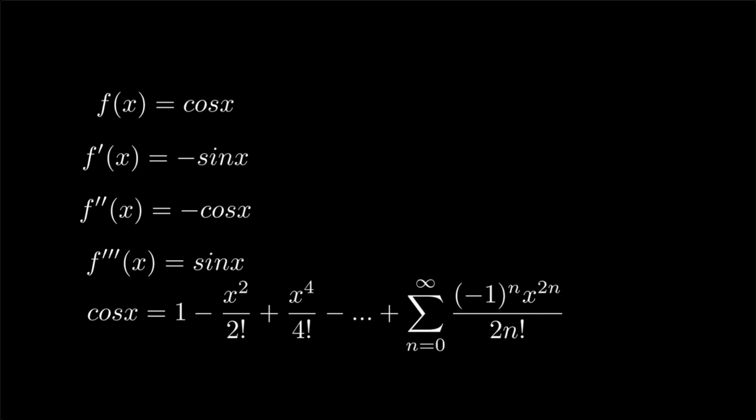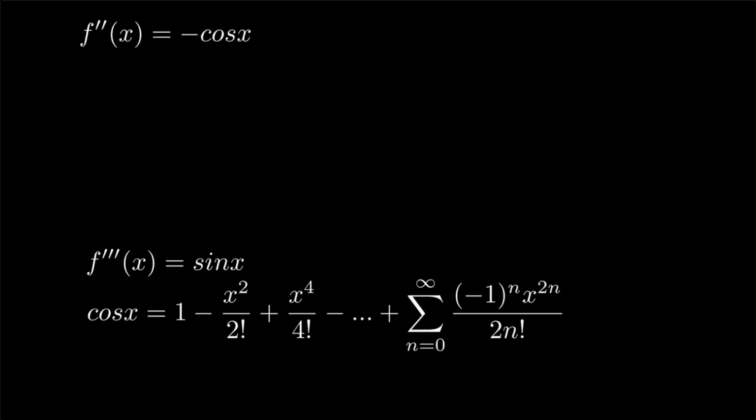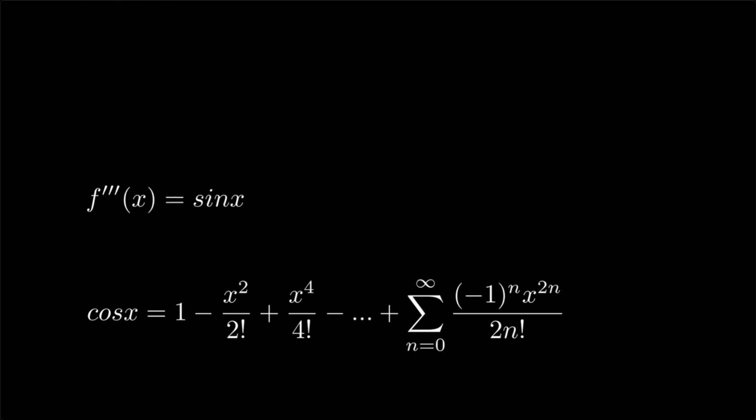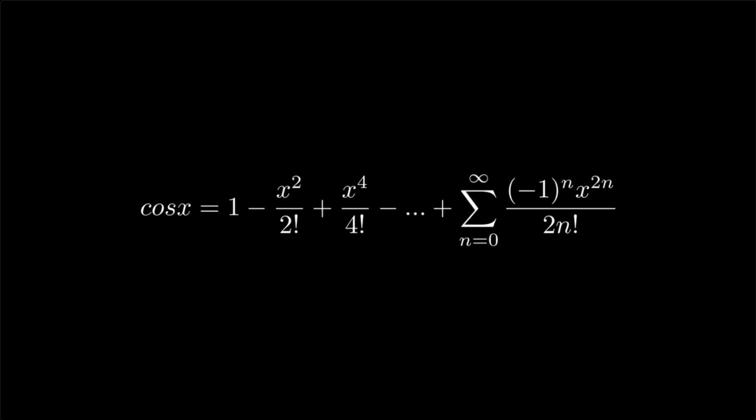So we have cosine of x is equal to 1 minus x squared over 2 factorial plus x to the fourth over 4 factorial minus plus, until we get the sum of n equals 0 to infinity of negative 1 to the n multiplied by x to the 2n over 2n factorial. So there it is, our series for cosine of x.